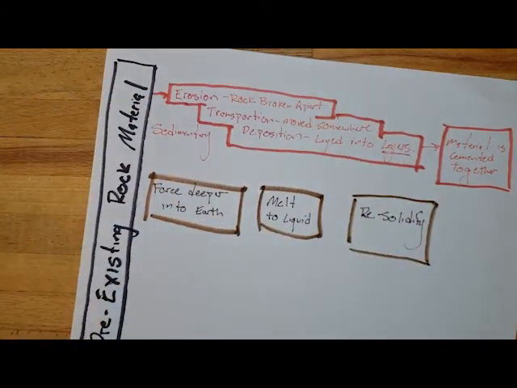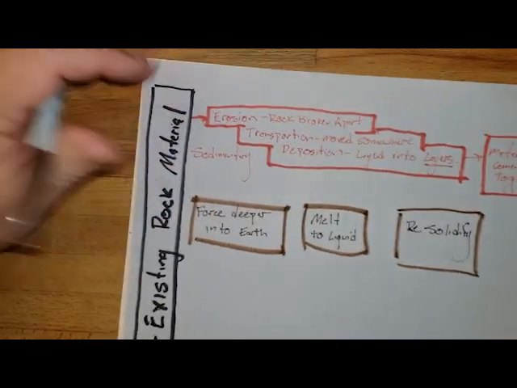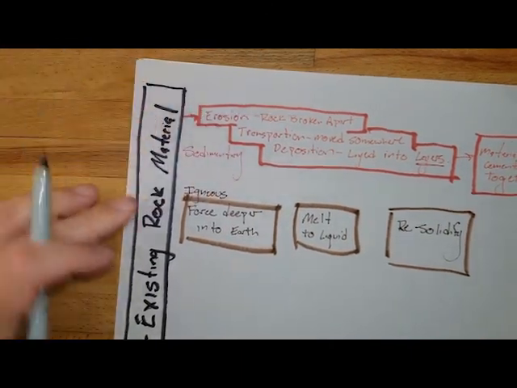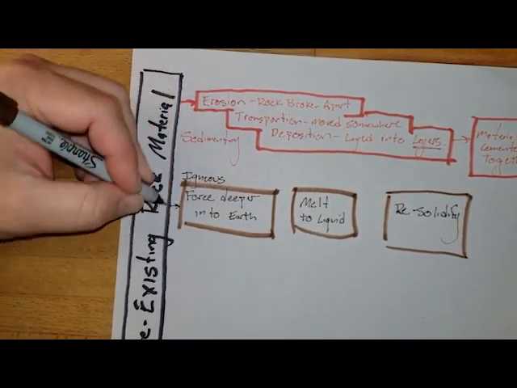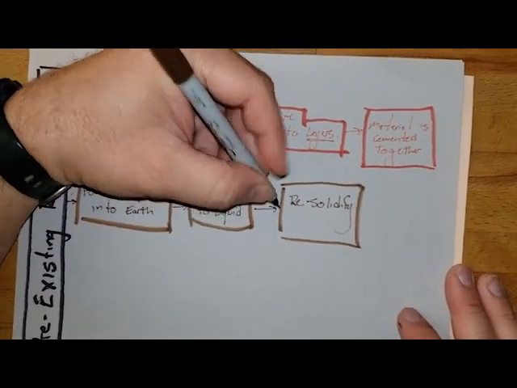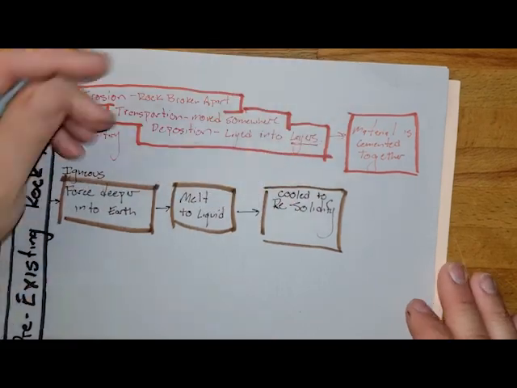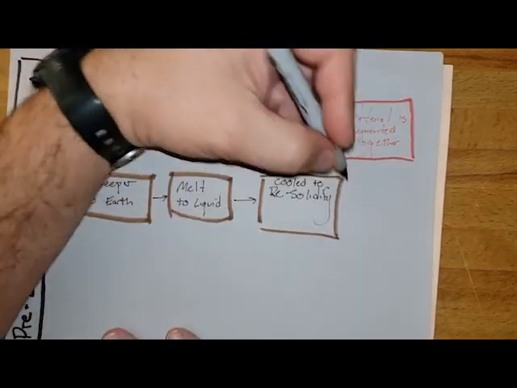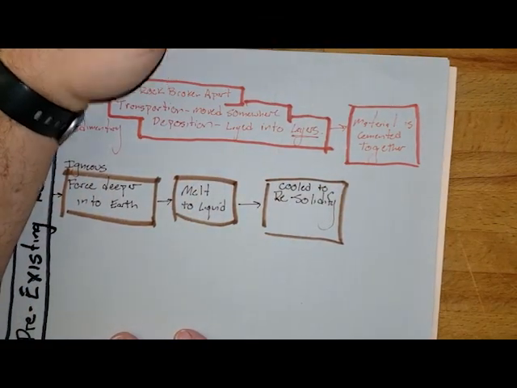Now we're going to be seeing this solidification happening in a few different places. For our igneous rock, the pre-existing rock material is forced to go down deeper. It melts to a liquid, and then that liquid is cooled to re-solidify. That re-solidifying can happen on the surface, or it can happen deeper down in the earth.